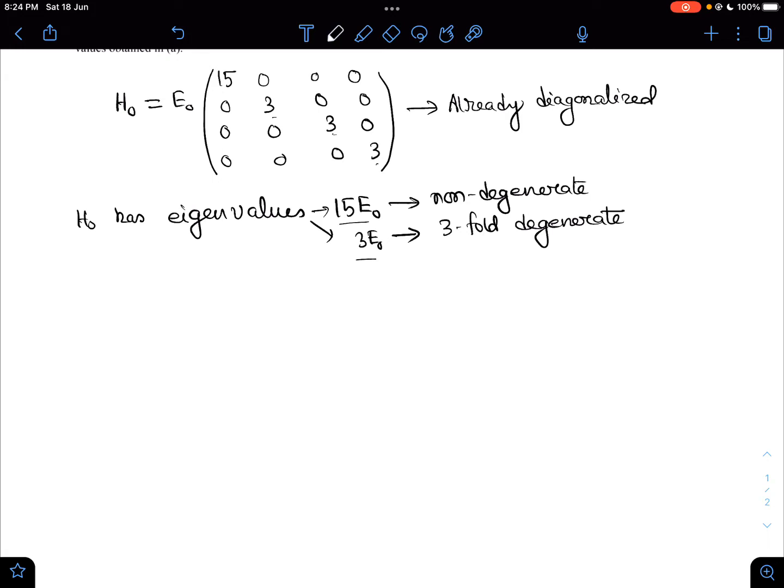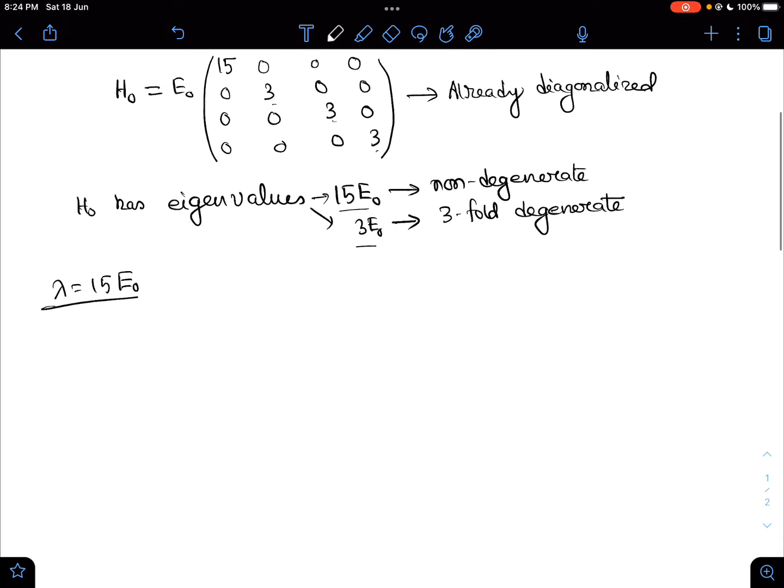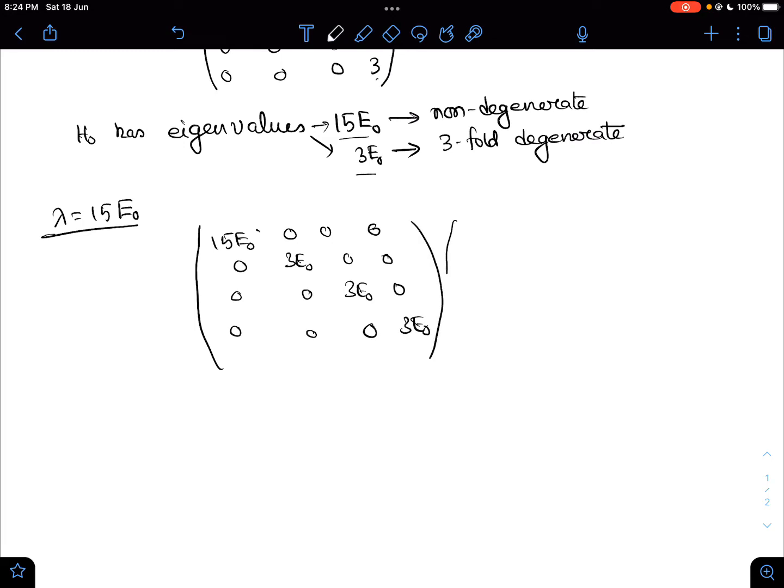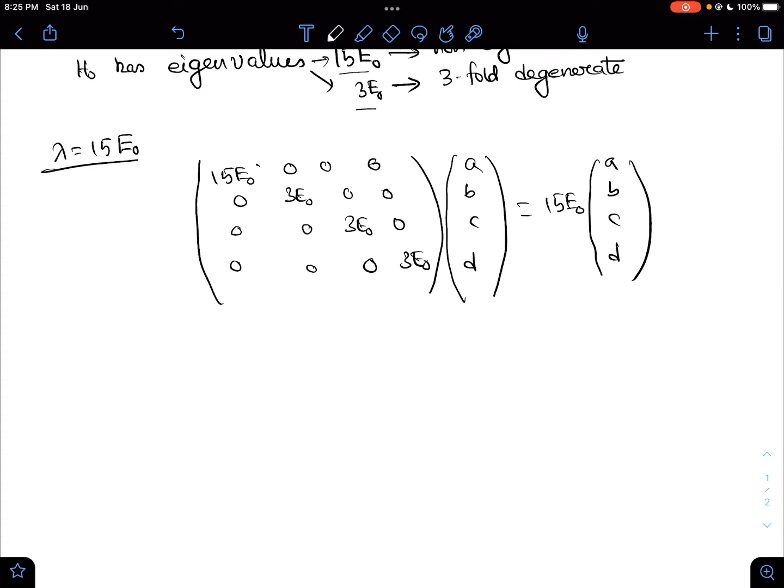So let us find it for eigenvalue 15 E0. Let us suppose that the eigenvector is A, B, C, D. So we have our eigenvalue 15 E0 times A, B, C, D. What will be our equations?